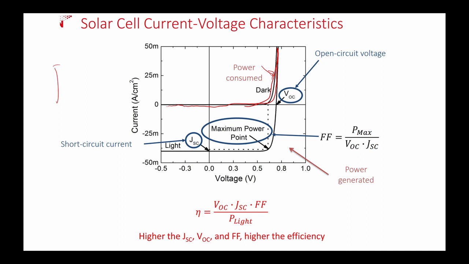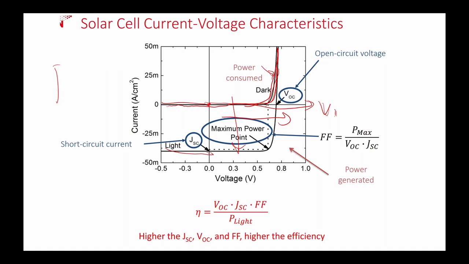When we shine the light, there will be a current in the opposite direction. If we apply the voltage in this direction, then we get the current. But even if we are not applying any voltage, we are still getting a current, which is this thing. This is the voltage that is applied, and this is the V.